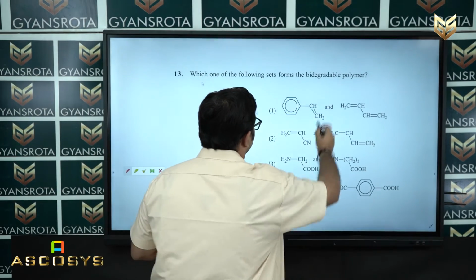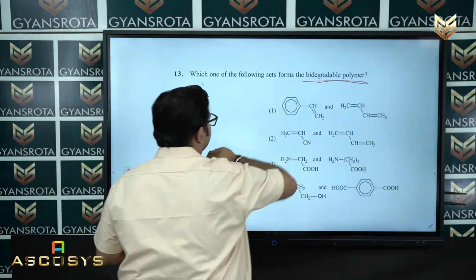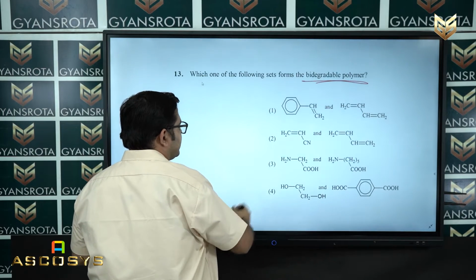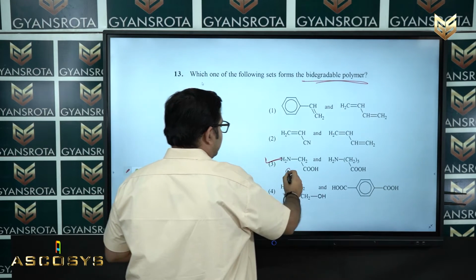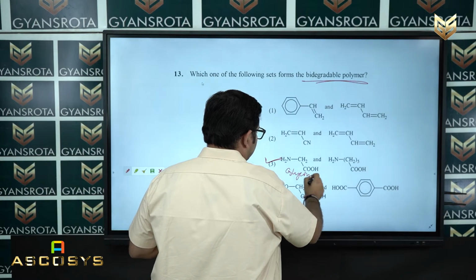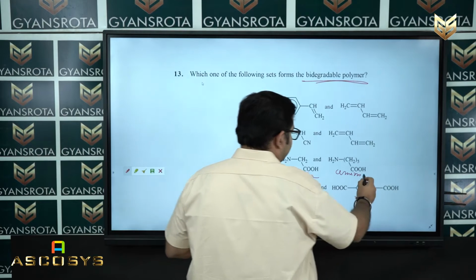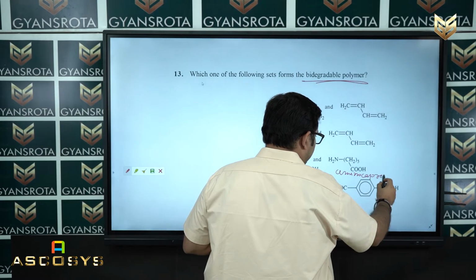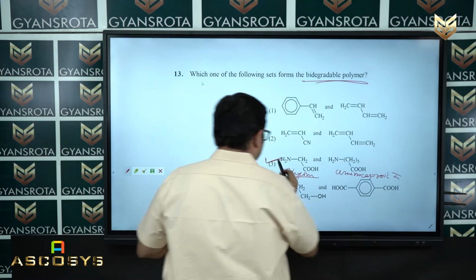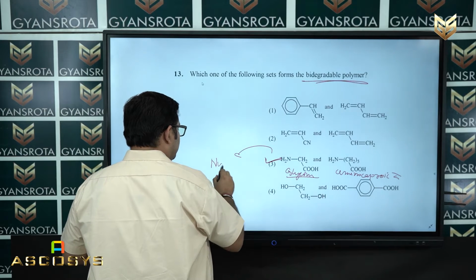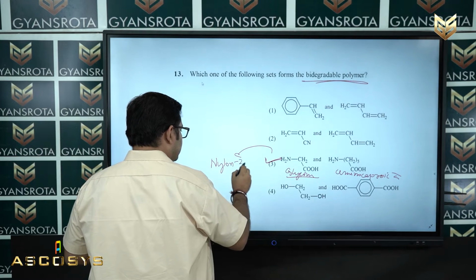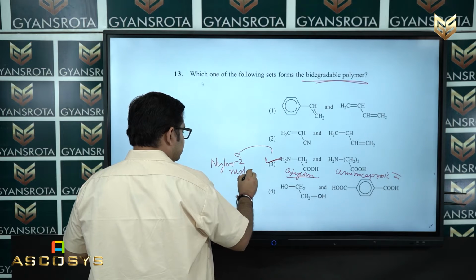They ask about a biodegradable polymer, and in option number 3, glycine reacts with amino caproic acid. This will give you nylon 2, nylon 6.